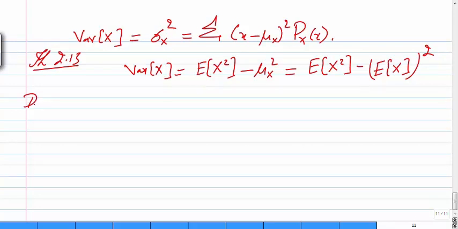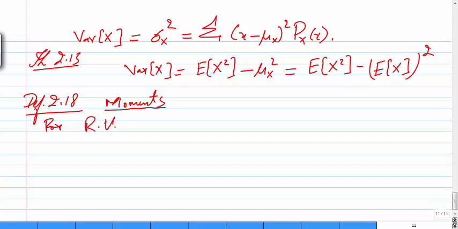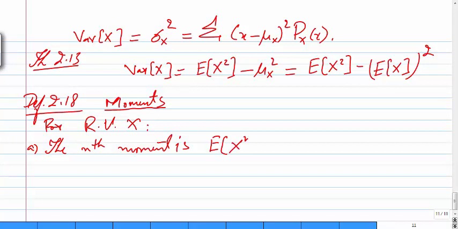Now there is another definition, 2.18, and this definition is about moments. Now, moments for random variable X. The nth moment is calculated as the expectation of X to the power n.